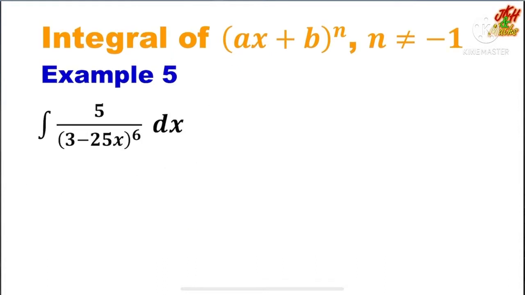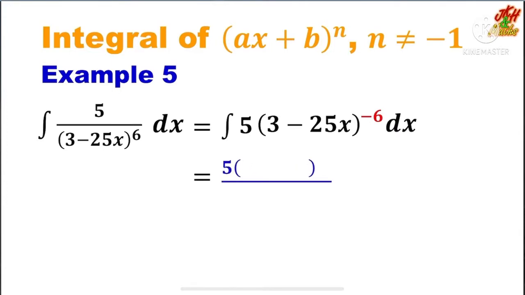So next, example number 5. Integrate 5 over, in the bracket, 3 minus 25x raised to the power of 6 with respect to x. It is equal to, we convert it into the form of 5 in the bracket, 3 minus 25x raised to the power of negative 6 with respect to x.